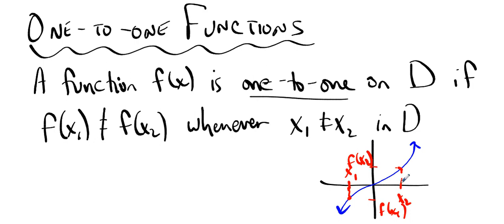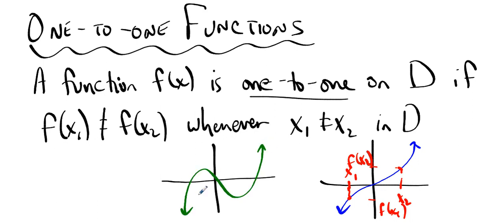Whenever x1 is different than x2, f of x1 is different than f of x2. And so you've, of course, played this game where you have some function like so, and you say that that function is not one-to-one because it fails the horizontal line test.